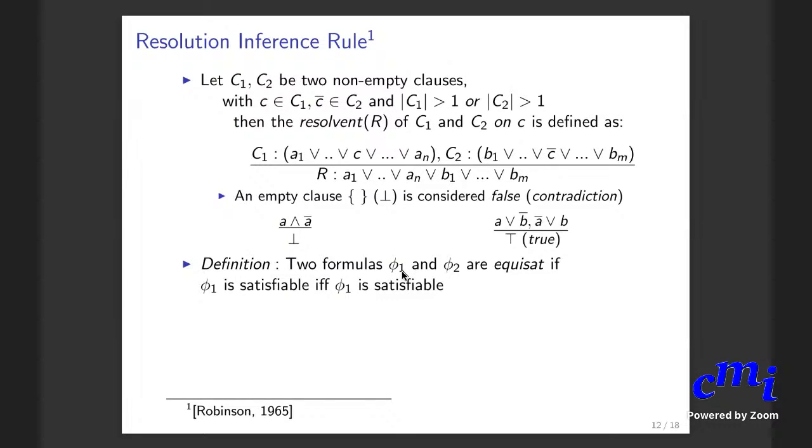Two formulas, phi1 and phi2, are said to be equisatisfiable if phi1 is satisfiable if and only if phi2 is satisfiable, there is a typo here. Which means that if phi1 is satisfiable, so is phi2, and vice versa. If phi1 is unsatisfiable, then phi2 is also unsatisfiable. Okay.